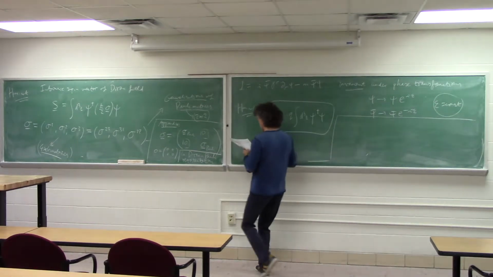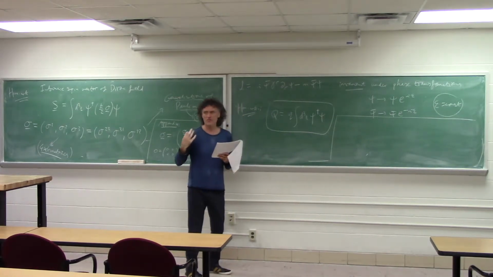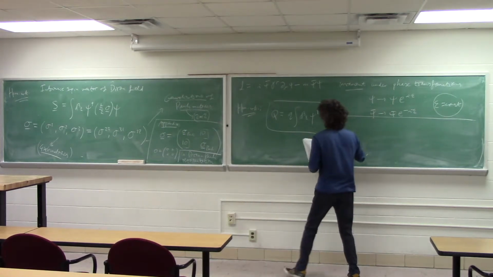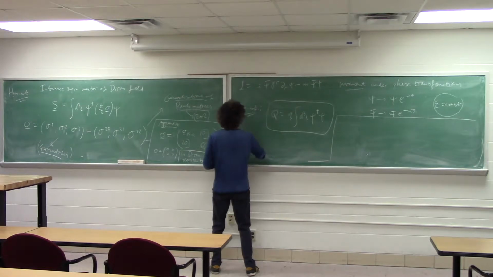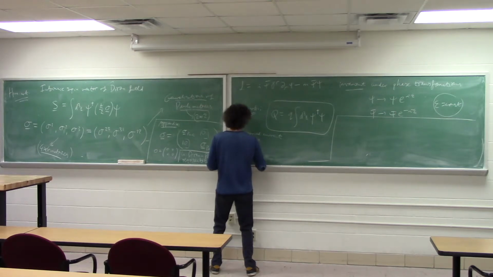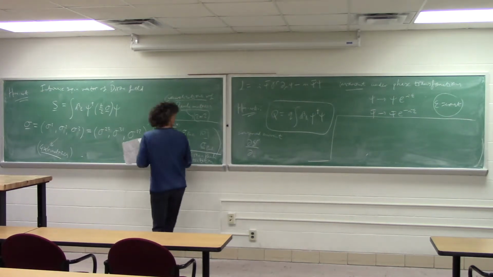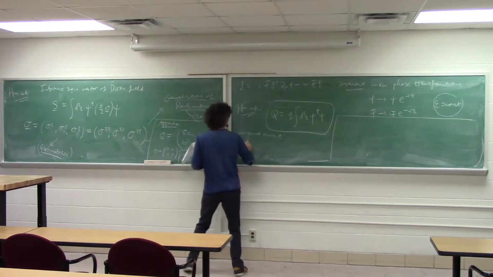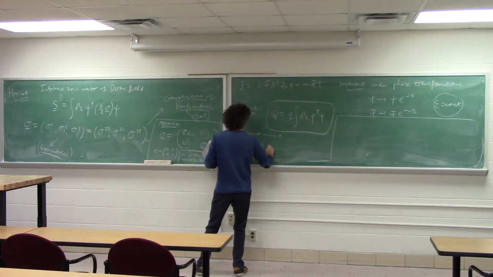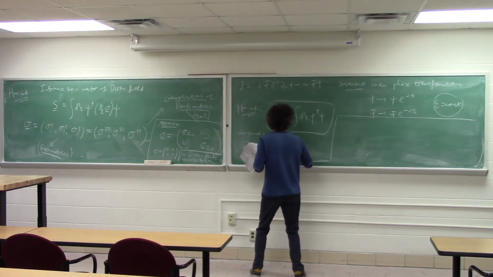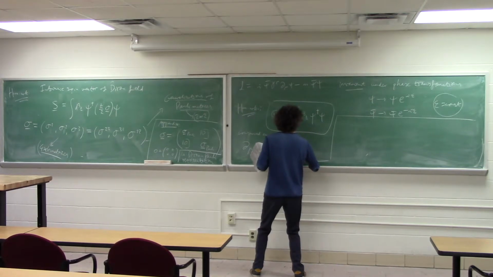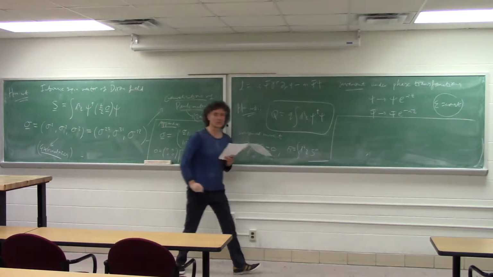The charge Q comes from a continuous symmetry that implies a conserved current, d mu of j mu is 0, where Q is the integral over all space of the time component of the current, which is just a density.